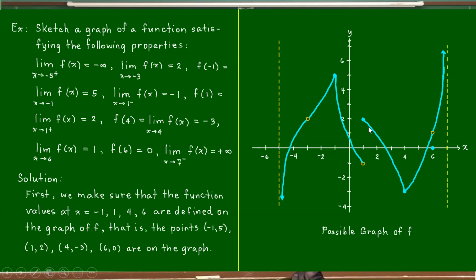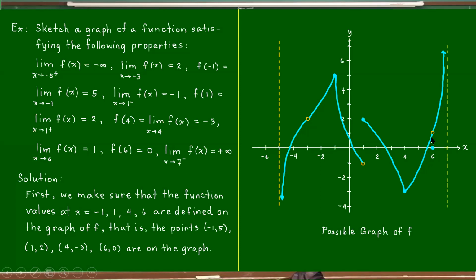From the right, 2. Okay. So f of 4 is equal to negative 3, and the limit of f of x as x approaches 4 is also negative 3. So let's take first the point (4, -3). From the left, from the right, negative 3. The limit of f of x as x approaches 6 is equal to 1.